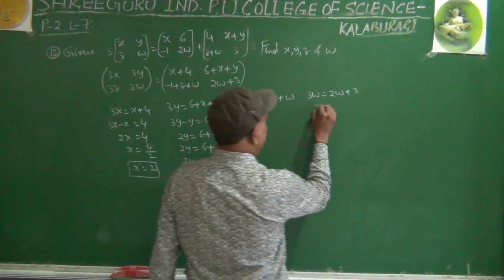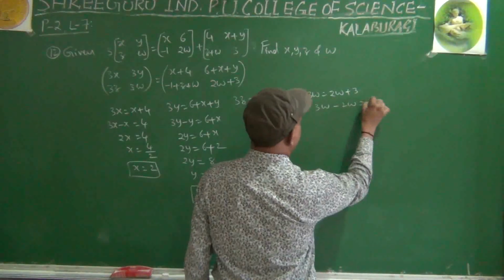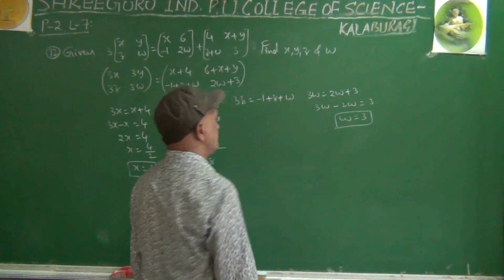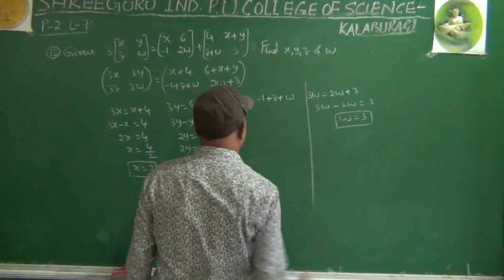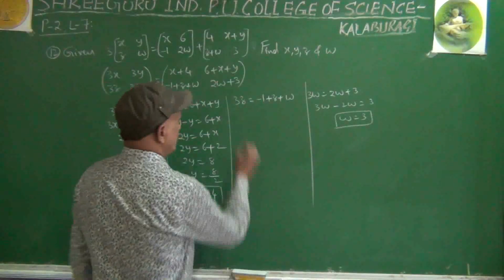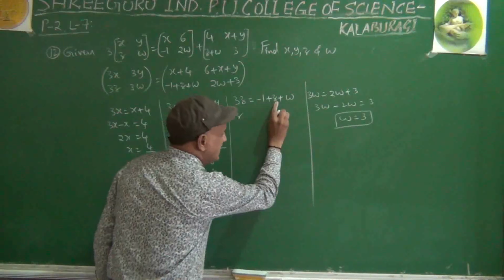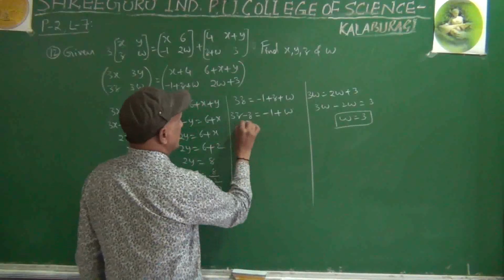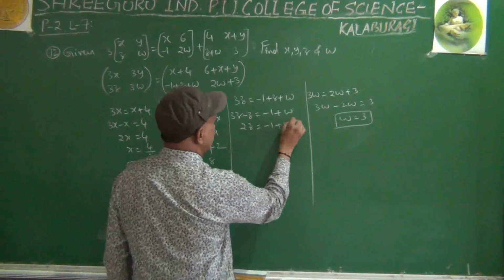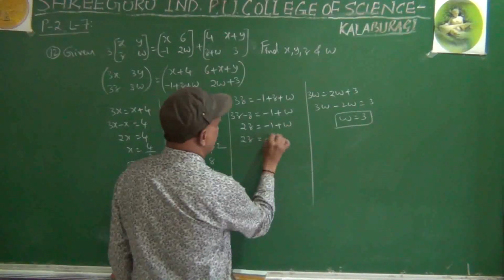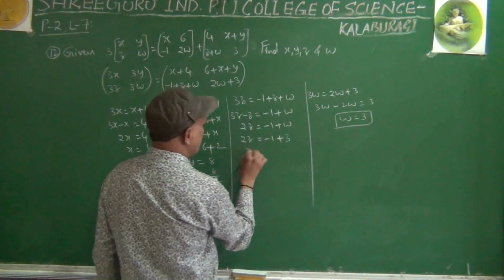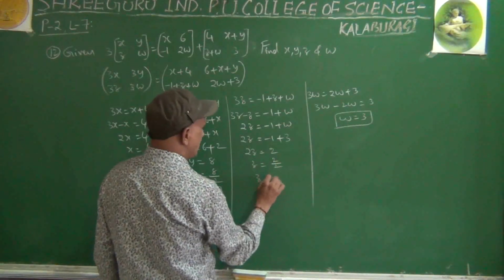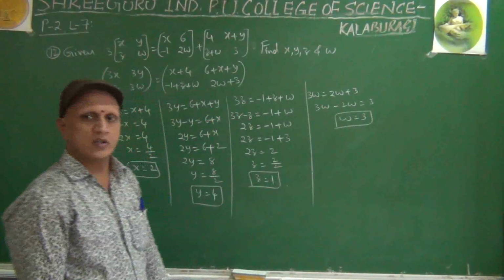Right? 3w minus 2w equals 3. w equals 3. 3z. z is here, send this side, minus z, lower class simplification. 2z equals minus 1 plus w. 2z equal to minus 1 plus w value 3. 3 minus 1, 2. z equal to 2 by 2. z equals 1. Right?